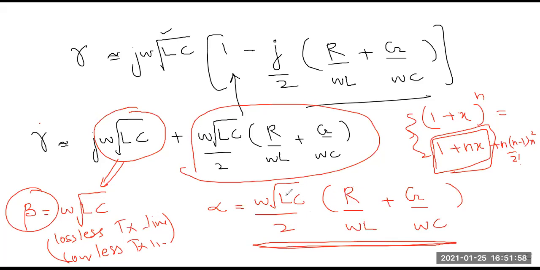Let me multiply this so that we get the final answer. This term can be first multiplied by this and then multiplied by this. You can see that some of the terms will cancel out, especially this omega term.